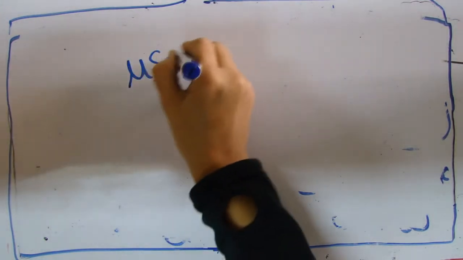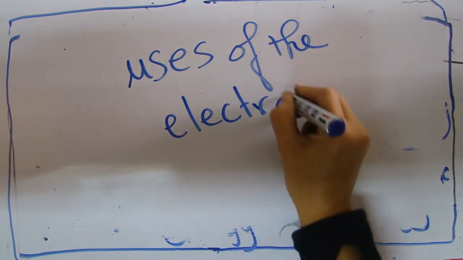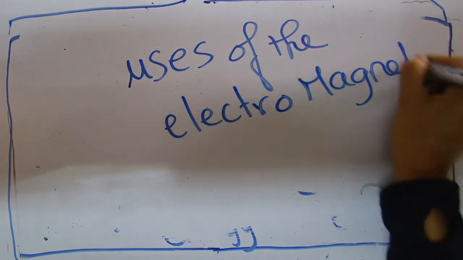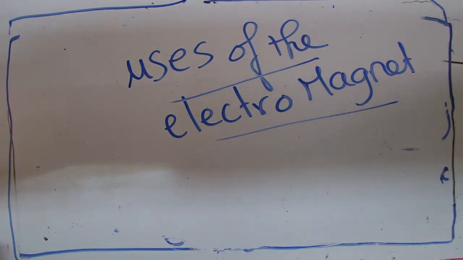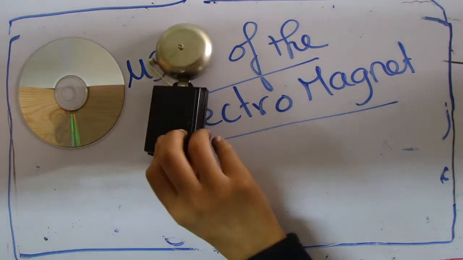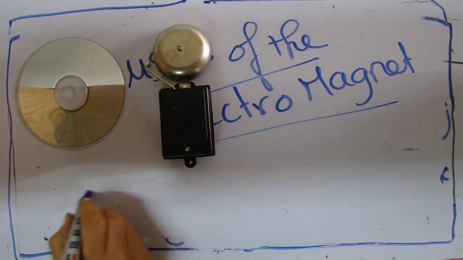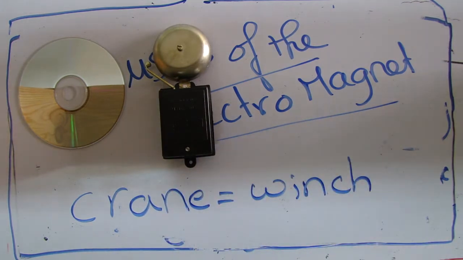Now, the uses of the electromagnet. It's used to make disk drives, electric bells, cranes, which means winch, and it's used to make TVs and mixers.